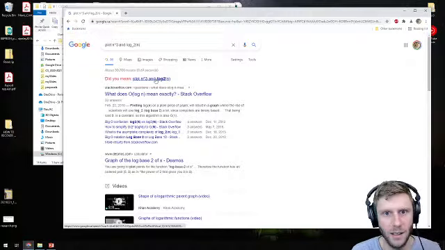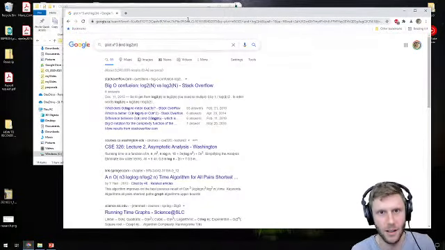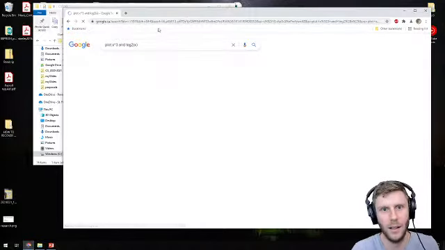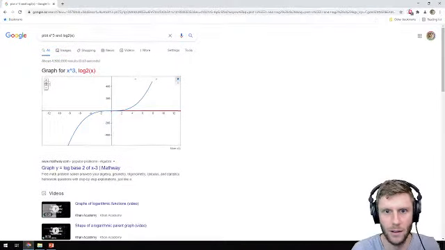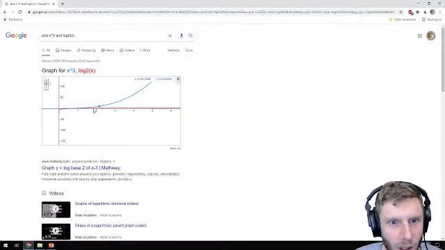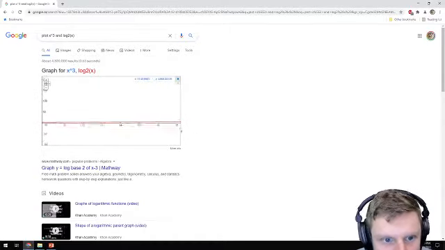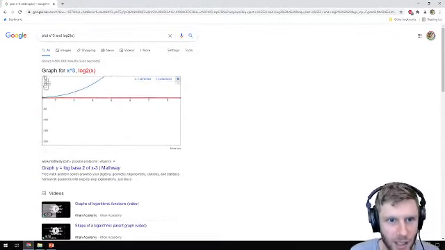Maybe I have to do x's. There we go. So look at this. Log base 2, look at this, it's like flat. Clearly it's growing if you zoom in really far. In fact, let me zoom in.